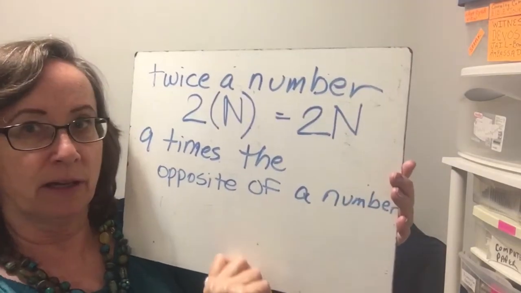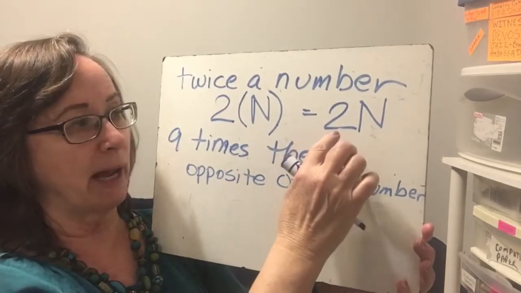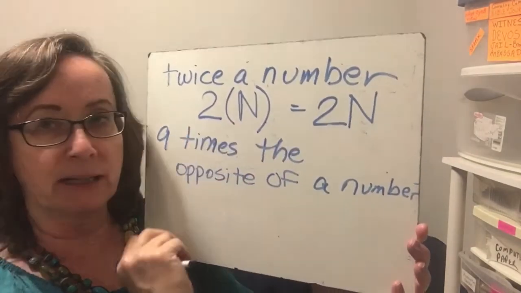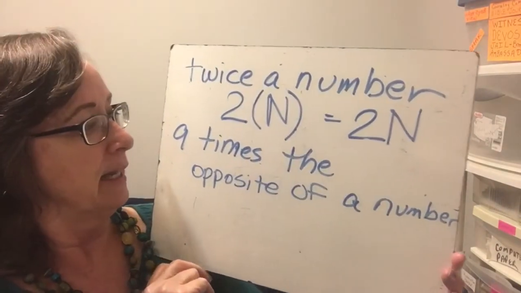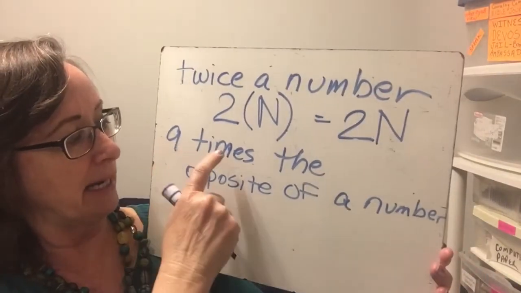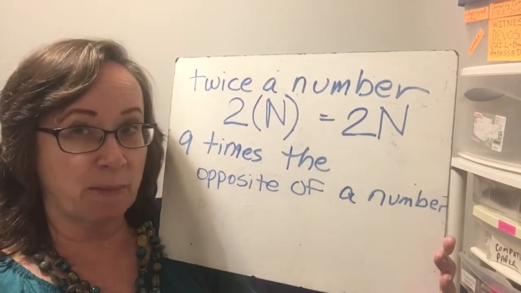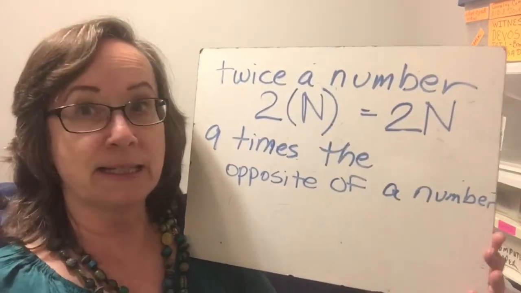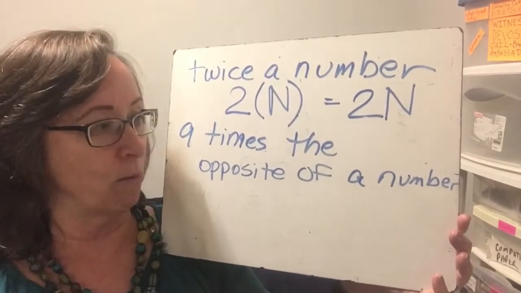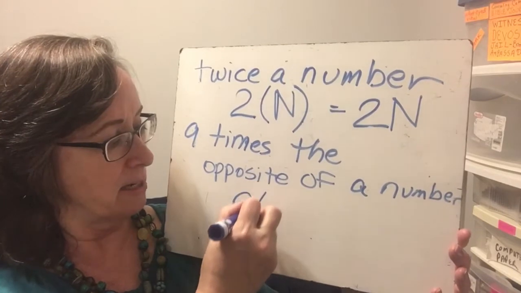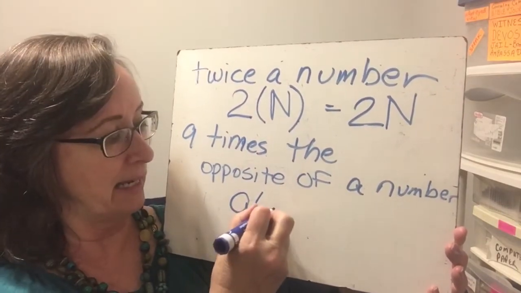Anytime I have either 2 variables or a coefficient and a variable up close to each other, touching, that means multiplication, doesn't it? So now what about this one? 9 times the opposite of a number. Well, we just talked about the opposite of a number was the opposite of n, or negative n. So what if I said 9 times negative n?